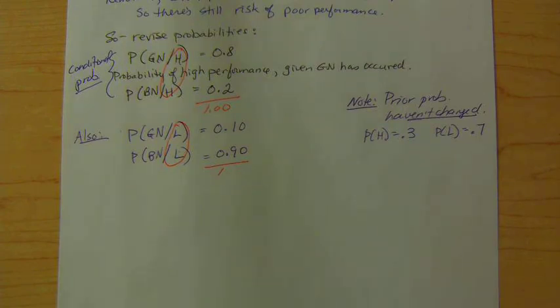High 0.3, low 0.7. But now that he waited and got the report, found it was good news, he's got some other probabilities to work with. Okay? The top ones in black are the probability of high occurring, because that's the thing that's happened already. And here's the probability of low occurring, given we've heard good news.